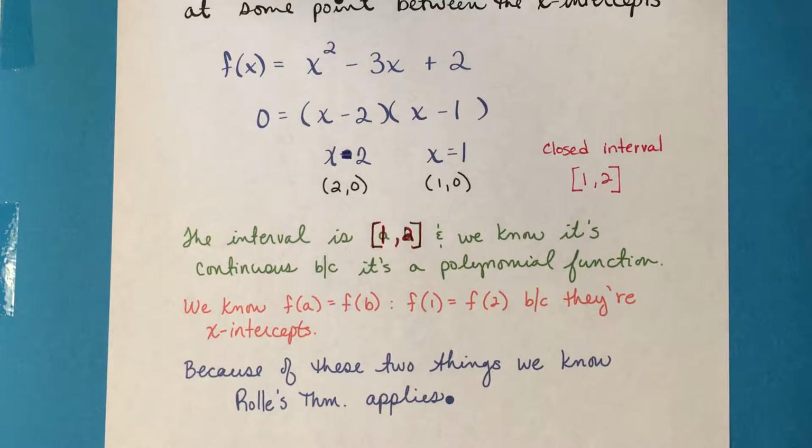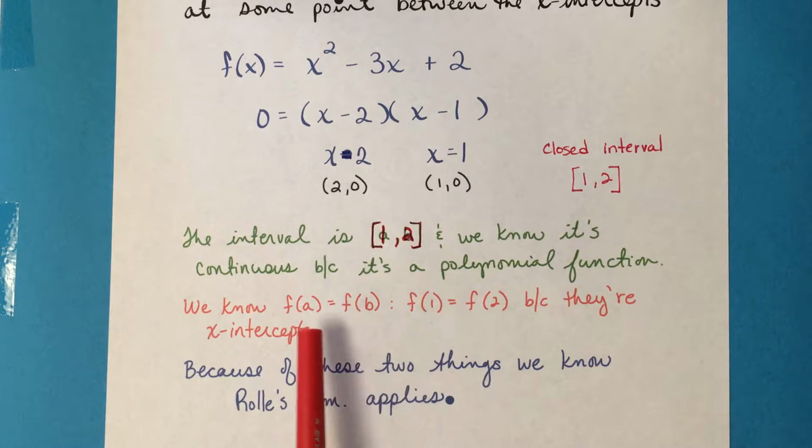Now, in the definition of Rolle's theorem, it kept saying that it needed to be continuous on the closed interval. Of course, you could look at it on your calculator if you choose to do so. But the fact that it's a polynomial, you know that polynomial functions are always going to be continuous.